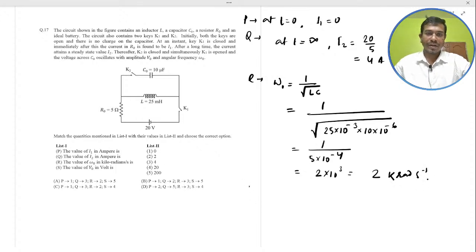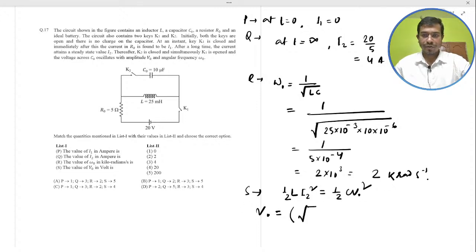Okay, now for the S. That means the energy stored, half L I2 squared, is half C V0 squared. So V0 is equal to square root of L by C into I2.